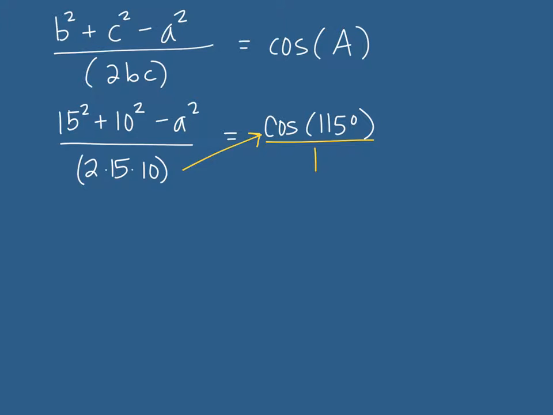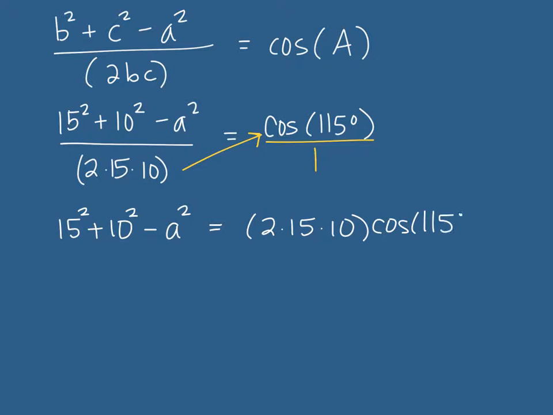And 15 squared plus 10 squared minus a squared is going to cross multiply to 1. So I end up with 15 squared plus 10 squared minus a squared equals parentheses 2 times 15 times 10 cross multiplied to cos 115.